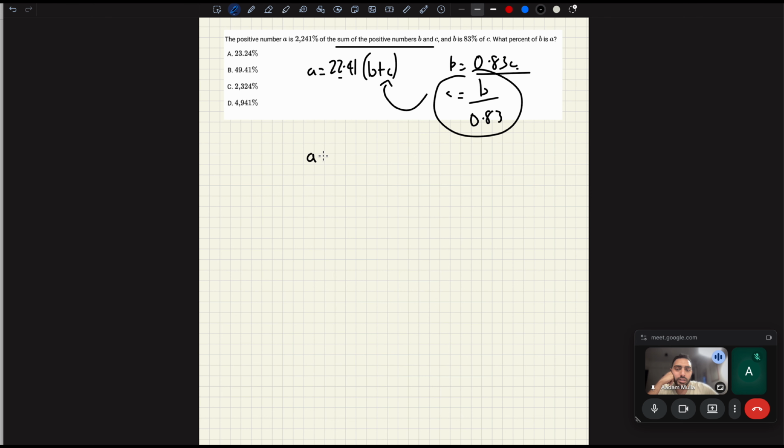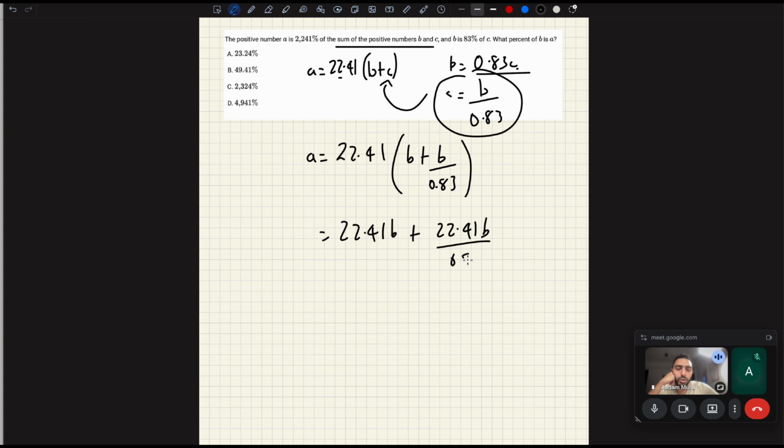We get A is equal to 22.41 and B plus B over 0.83. Just expand out that bracket, so A is going to be 22.41 times B plus 22.41B over 0.83, and we can simplify this right hand side.